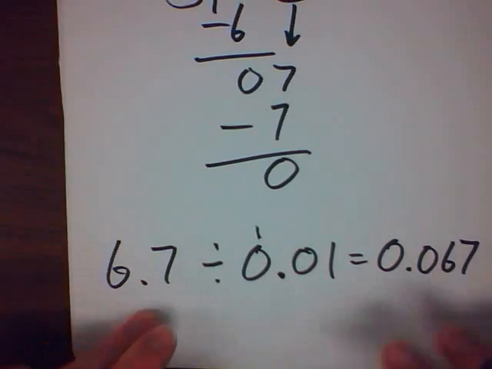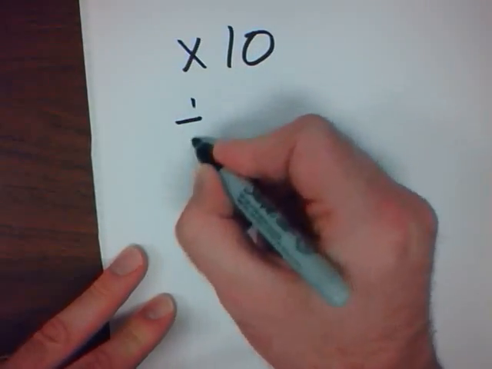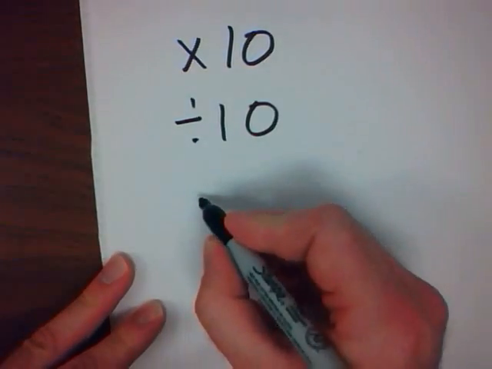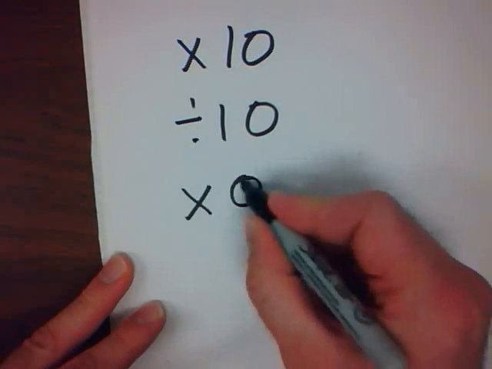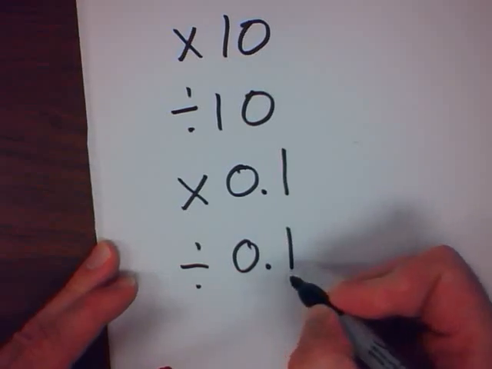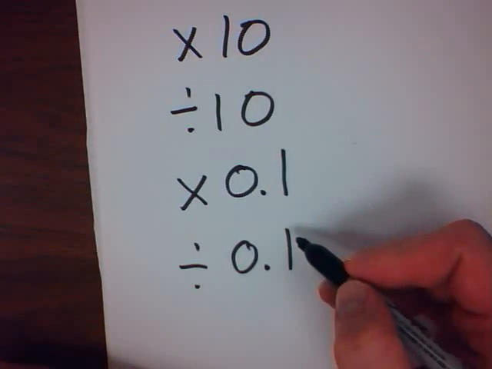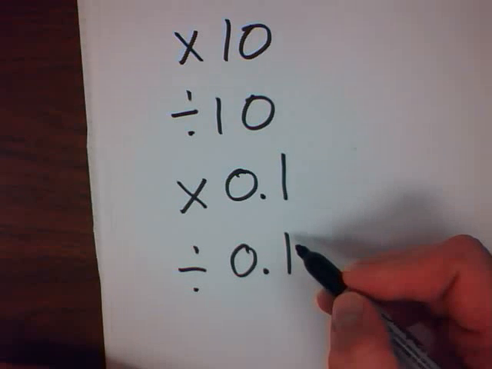The greatest difficulty is remembering when you're timesing by 10, dividing by 10, timesing by a decimal, dividing by a decimal, which way do I move the decimal? That is the hardest thing to remember.